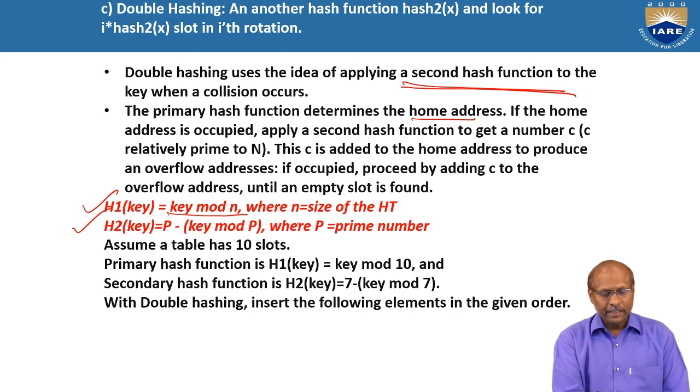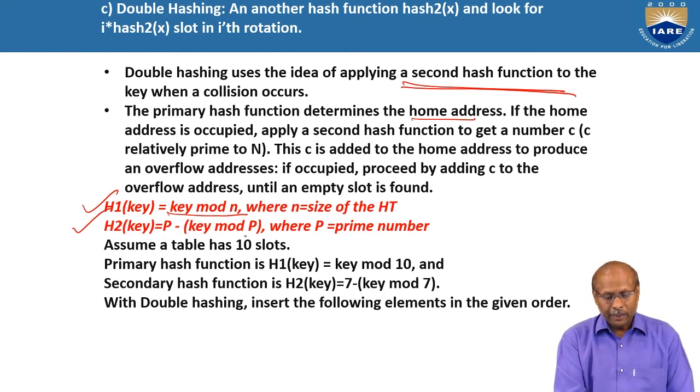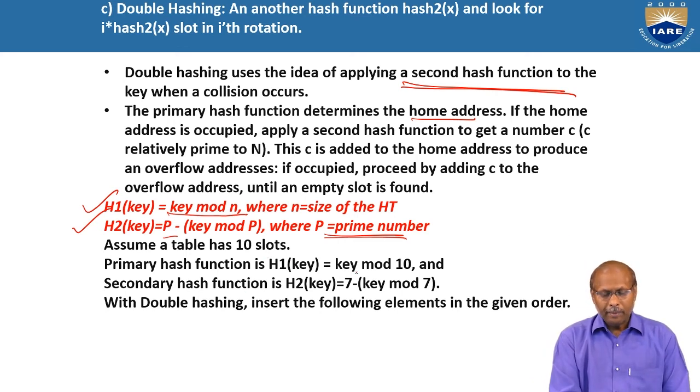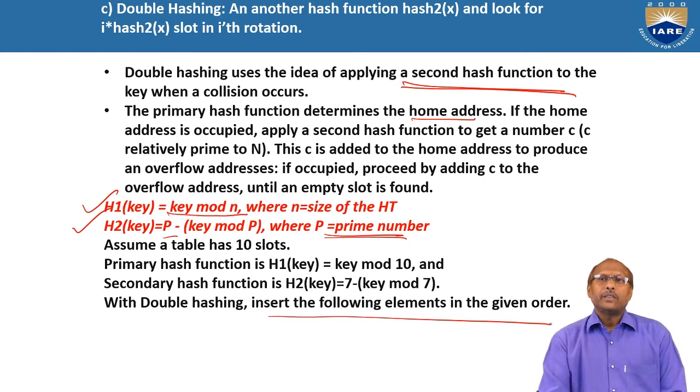In that case, apply the second hash function. In that hash function, the technique is P minus key mod P, where P is a prime number. Assume a table of size 10 slots, primary hash function key mod 10 and secondary function key mod 7. So with double hashing, you can store the value.